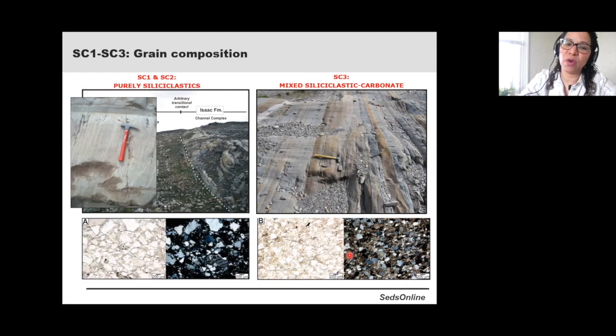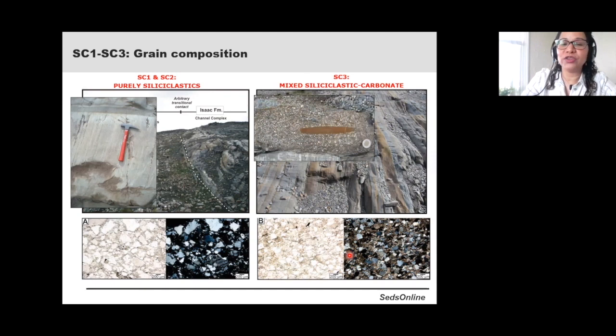Besides the carbonate cementation, we also found locally carbonate clasts within some of the strata. Here you will see a lot of bits of that reddish, brownish, orange color. That carbonate is quite important because it's telling us that we can no longer consider this just a pure siliciclastic system. There is a change, and we start getting some mixed siliciclastic-carbonate sediment into the system.